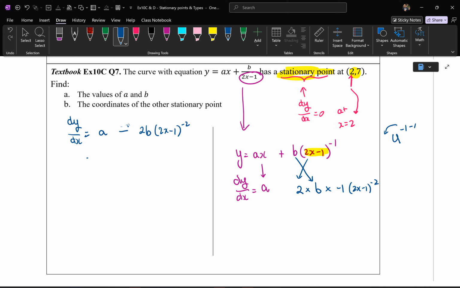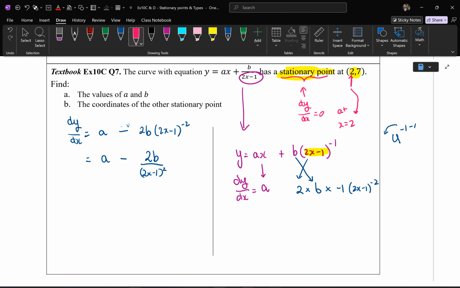What's the next bit? I'm just going to write it with the fraction above. So it's 2b over 2x minus 1 squared. Okay, I've just brought that 2x minus 1 to the power of negative 2 all the way down. All right. We said that the stationary point occurs when the derivative equals 0 at x equals 2.